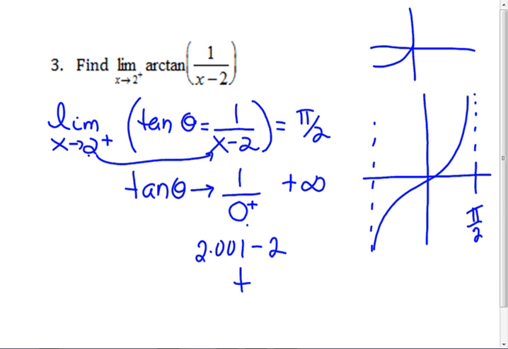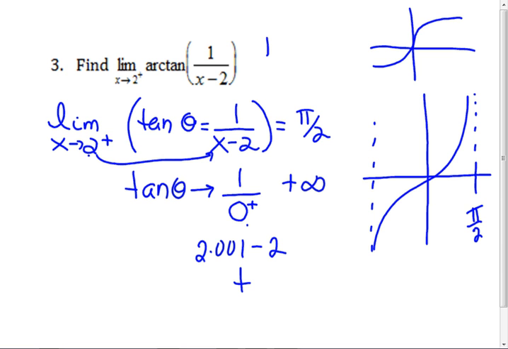And when I put in 2 in here, that's going to be 1 divided by 0. So I find that really hard to think about. So I rewrite it like this. Maybe it's easier this way.